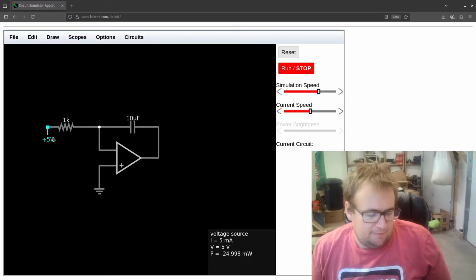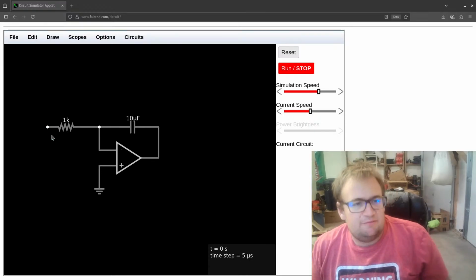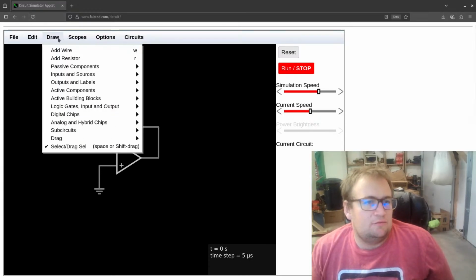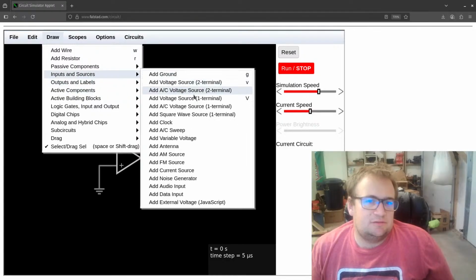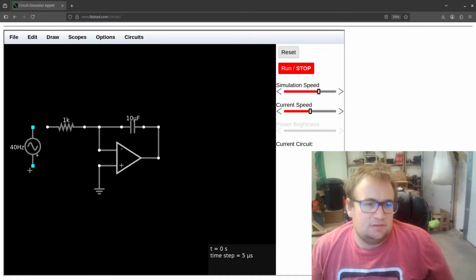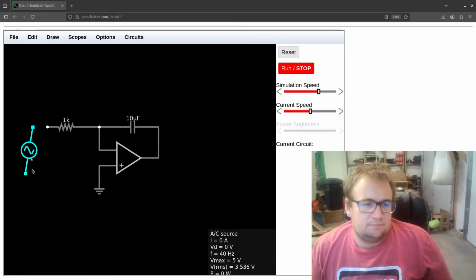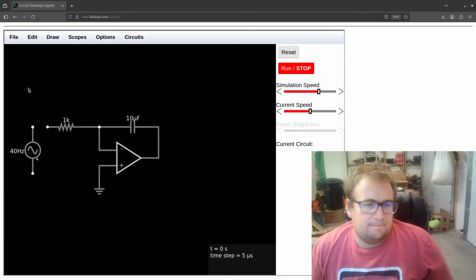It's probably better if I go draw outputs, labels, input sources, AC voltage source. So I'm going to do that. Please add wire.